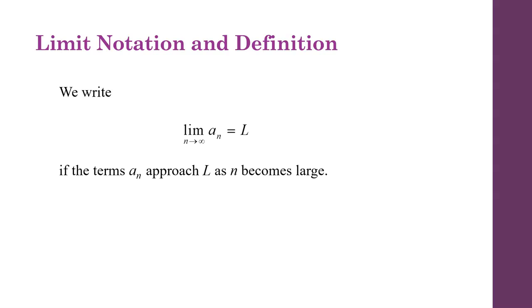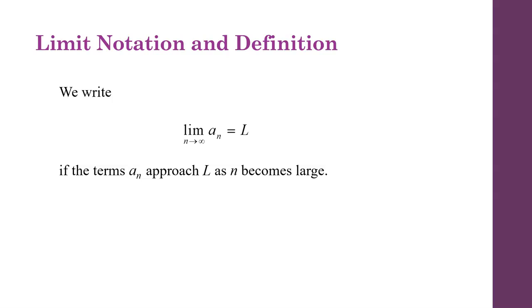So in general, we write limit of a sub n as n goes to infinity equals L if the terms for the sequence a sub n approach L as n becomes large.